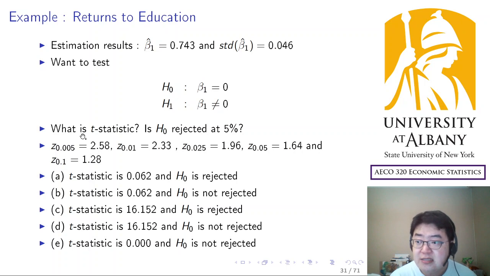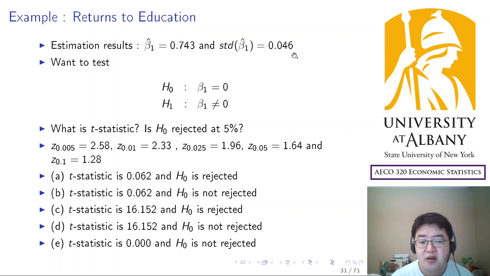The t-statistic is the standardized difference between what you observe from the data and what you believe. Their difference is 0.743, easy. And you have to standardize this by its standard error, 0.046.